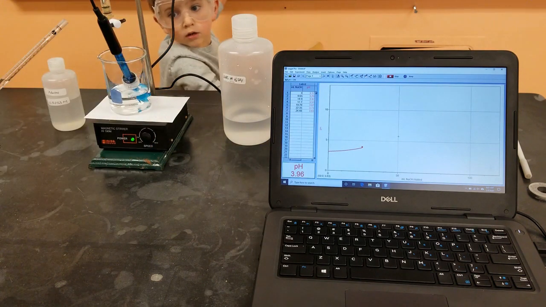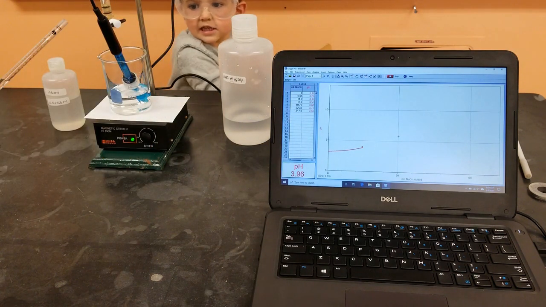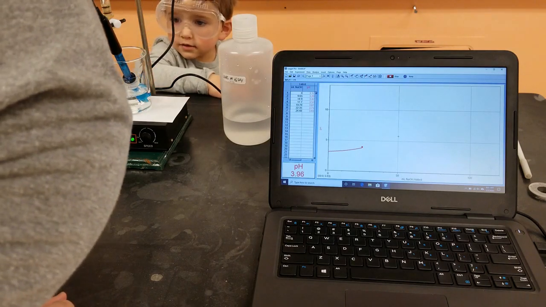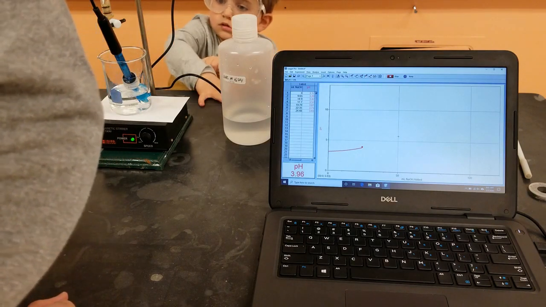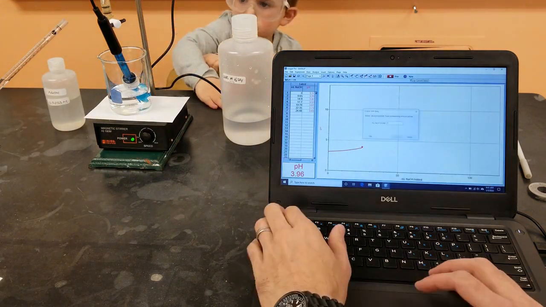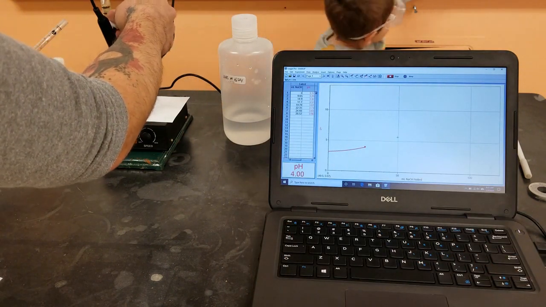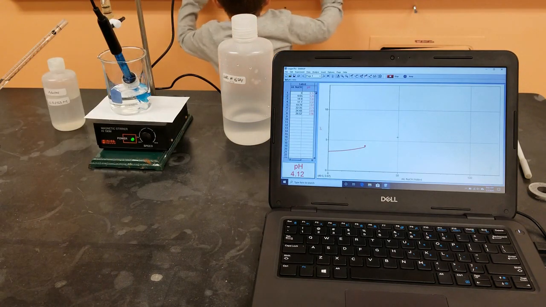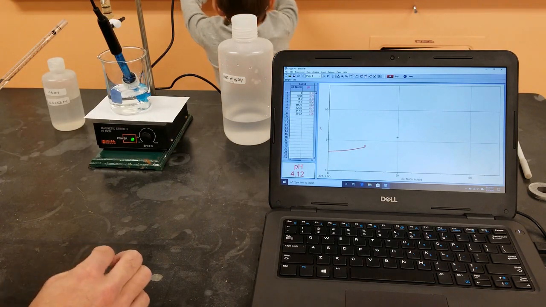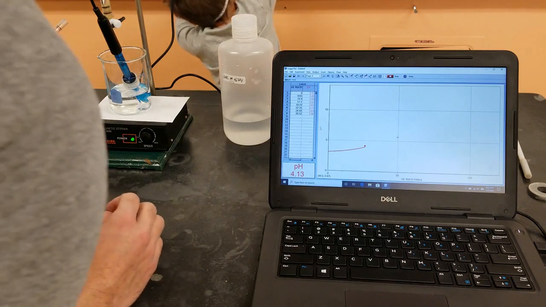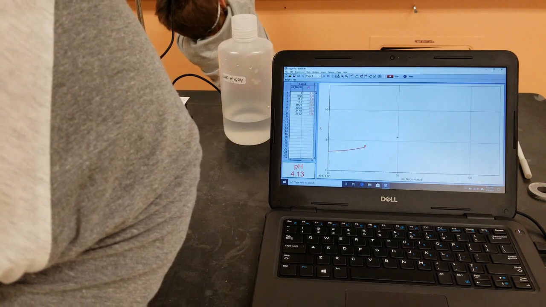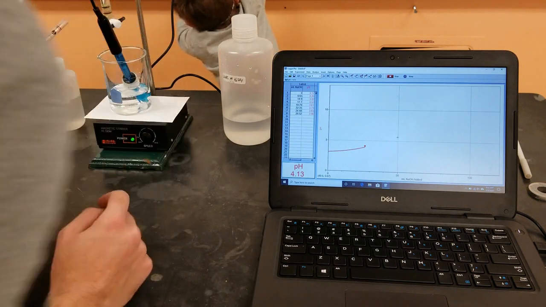We've now got a pH of 3.96, and the volume of base added is 26.52 milliliters. We're now at a pH of 4.12, and the milliliters of base added is 28.70 milliliters.